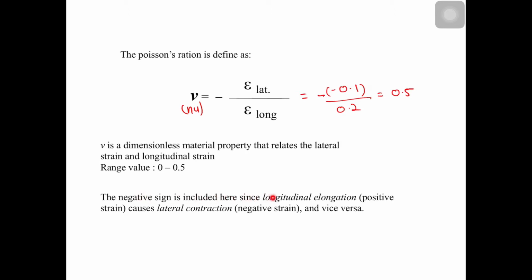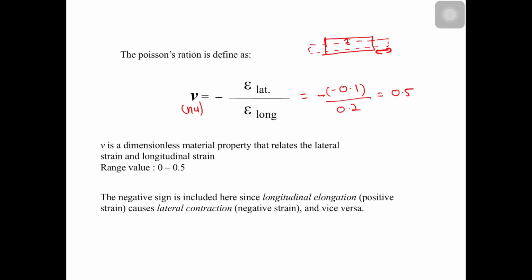Longitudinal elongation is positive, lateral is negative. This is just an example.